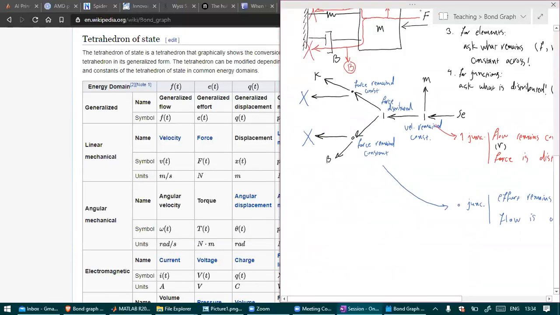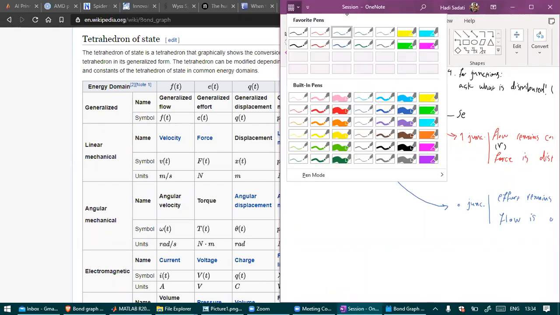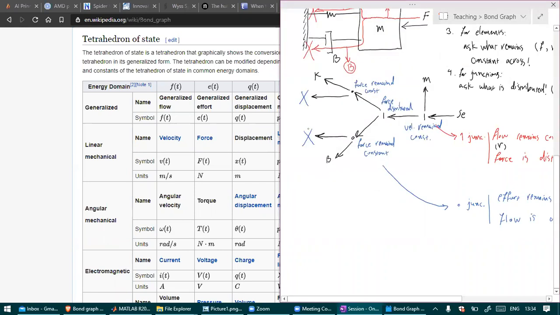Before writing the equation, note that we can do some simplifications. What can be simplified? We don't need these lines anymore. It's not going anywhere. This 0 is unnecessary because there is only one element connected to it. So we can directly connect K and B to the 1.